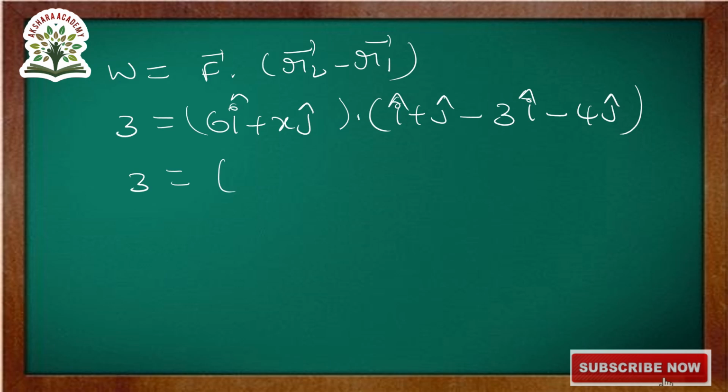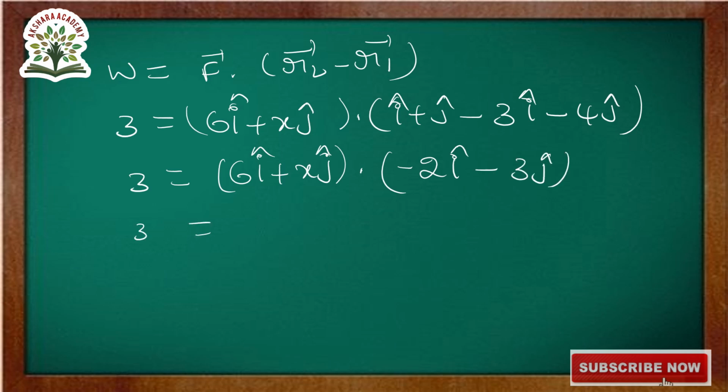Now first we will do this and then we will do that. 6 I cap plus x j cap dot product of, here I minus 3 I becomes minus 2 I cap, here minus 3 j cap. That is equals to 6 times 2 is 12, minus 12, dot product of I dot I equal to 1, j dot j equal to 1. So minus 12 minus 3 into x, 3x.